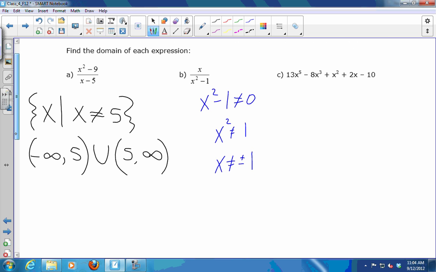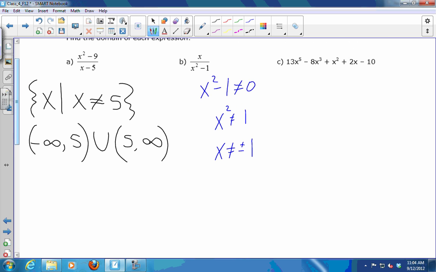So in set builder notation, the one with the curly brackets, this would say the set of all x such that x does not equal plus or minus 1. And that would be pretty difficult, not difficult, but tedious to write in interval notation. We'd have to have 4 sets of parentheses, so we're just not even going to do it.